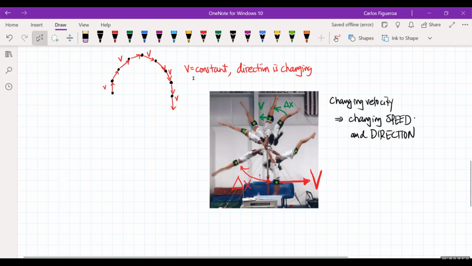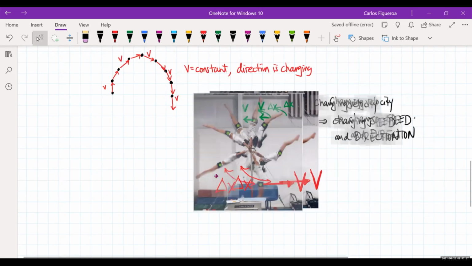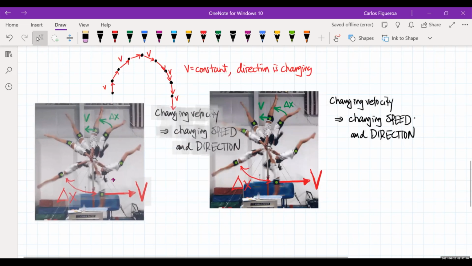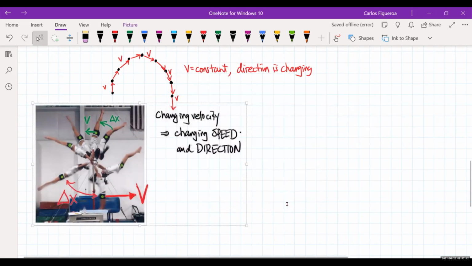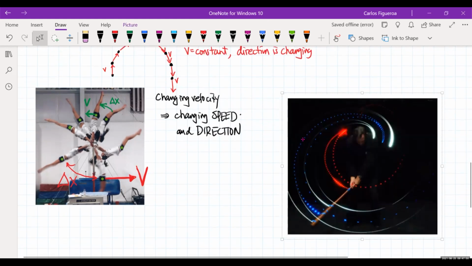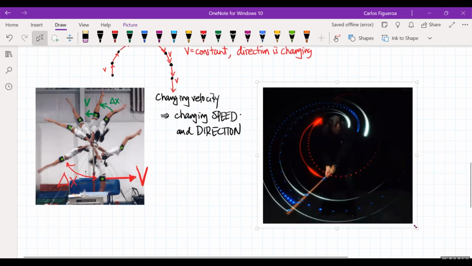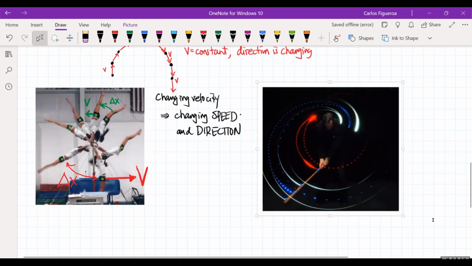And you know what? I'm going to move this over here just a little bit because I want to conserve space. I have another image that I want to show you. This is the image that I should have started off with, and for some reason, I started off with the other one.